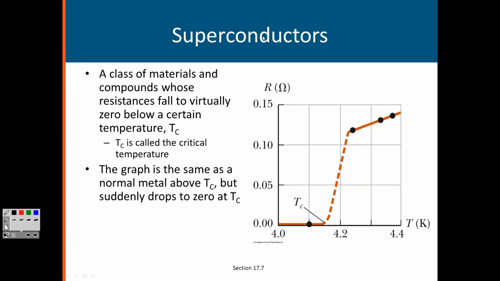It was discovered way back, I can't remember exactly, for helium, at a very, very low temperature. You are talking about something very close to absolute zero. Absolute zero is minus 273 degrees Celsius, right? So 0 Kelvin is the absolute zero.